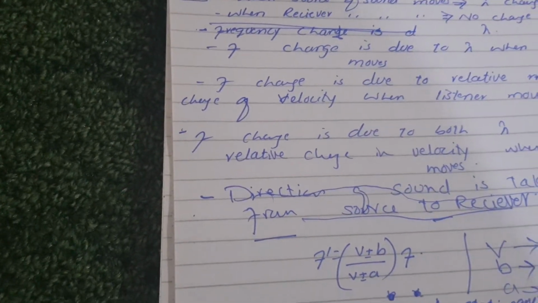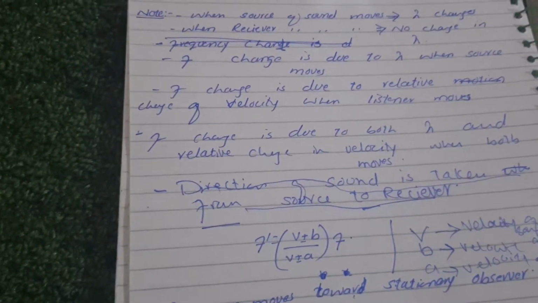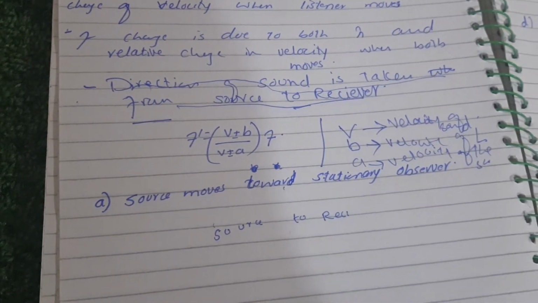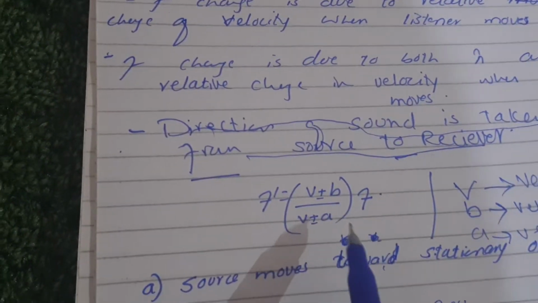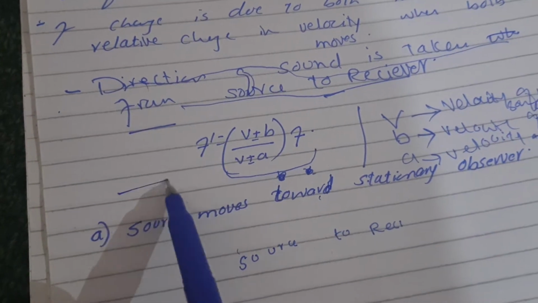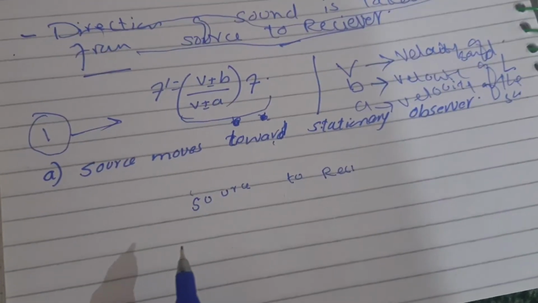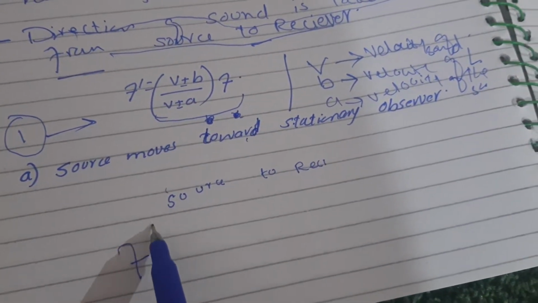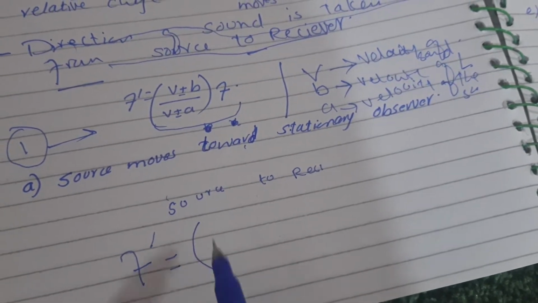So the first case I would like to consider is when the source of sound moves toward the stationary observer. Keeping in mind this number one formula, first I would write apparent frequency is equal to, first this bracket.